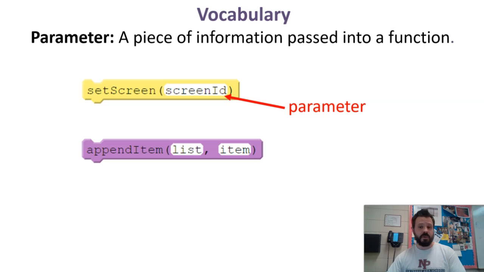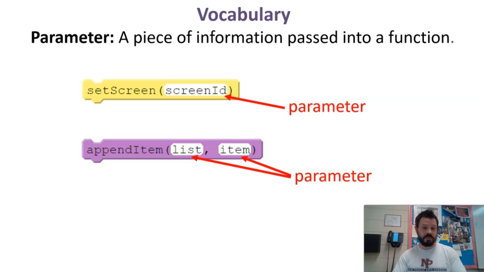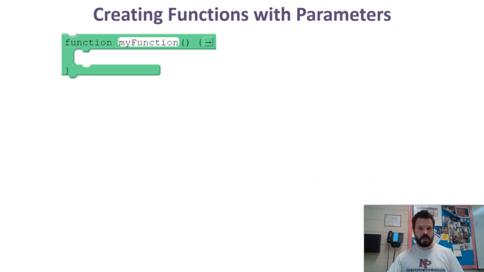Or, we have a function called appendItem for appending things to a list, which has two parameters. We tell it which list we want to pass the item to, and then what the item is, and it passes it to the correct list. Both those are cases of parameters that we pass into the given functions. So we've basically been using function parameters this whole time. The big difference today is we're going to write our own functions that utilize parameters.